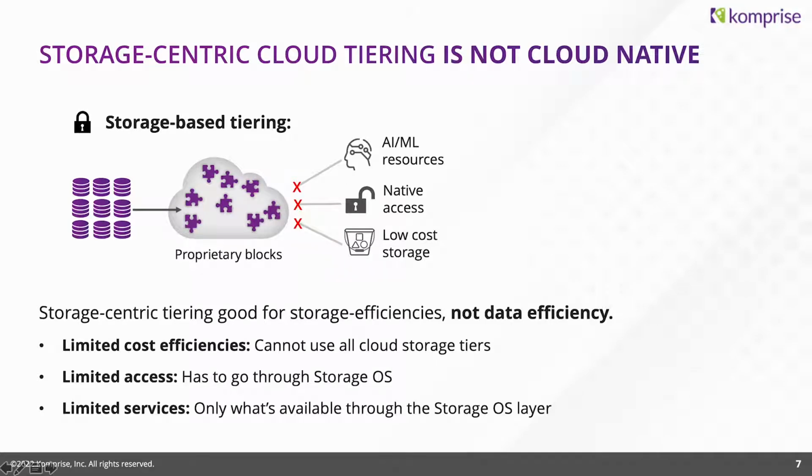The second thing is that all your access has to still go through the storage operating system. You might say, well, why is that a problem? I could run NetApp or EMC in the cloud. You can run it in the cloud, but you always have to go through their operating system to get to your data.